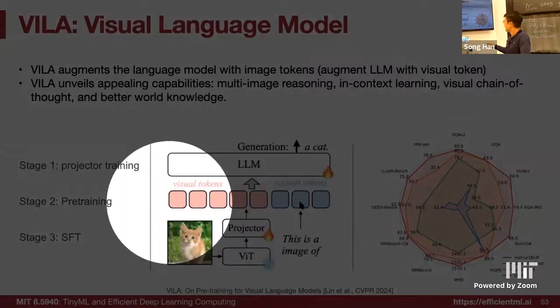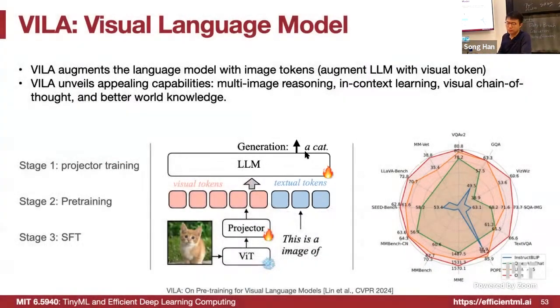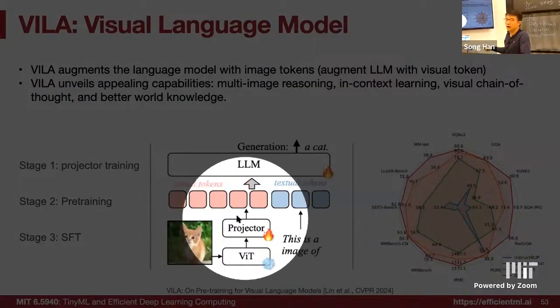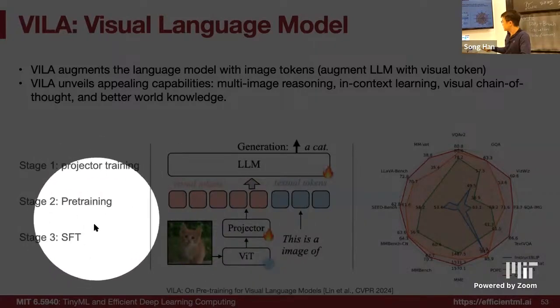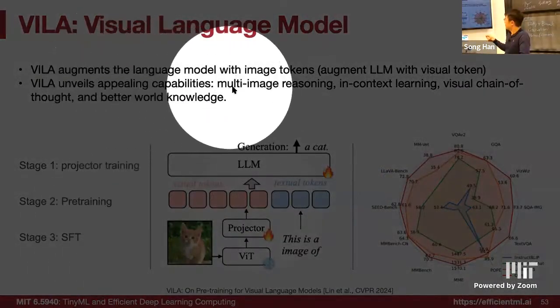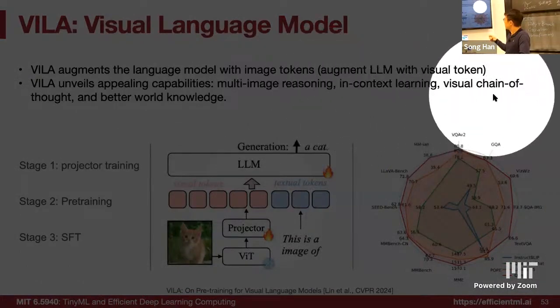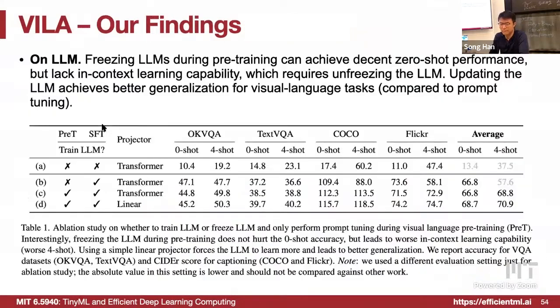Then we concatenate the tokens together, feed them to the large language model, and finally generate the output token. It consists of 3 stages. First, we train this projector to align the image and language, then we do pre-training, and finally supervised fine-tuning. This kind of approach enables capabilities like multi-image reasoning, in-context learning, visual chain of thought, and better world knowledge. We'll see them one by one.